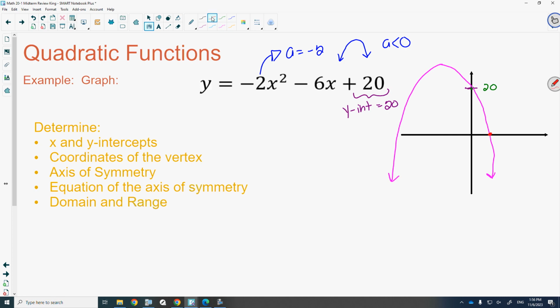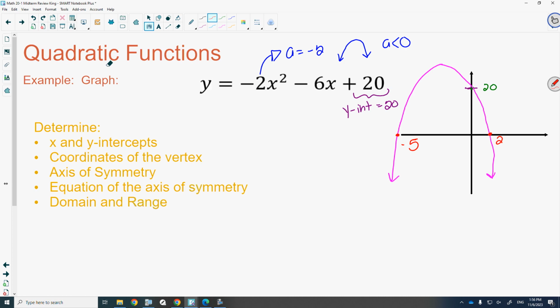It looks like this x-intercept was at 2, which we're going to confirm on our calculator, and this x-intercept at negative 5. We'll factor in order to get those x-intercepts.